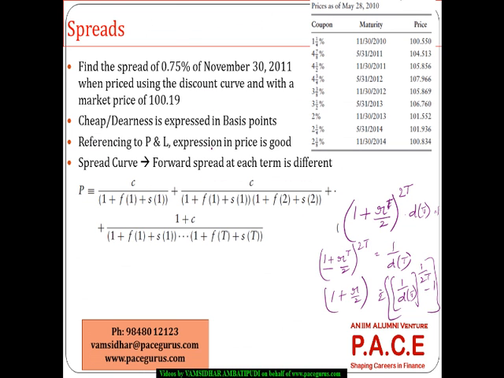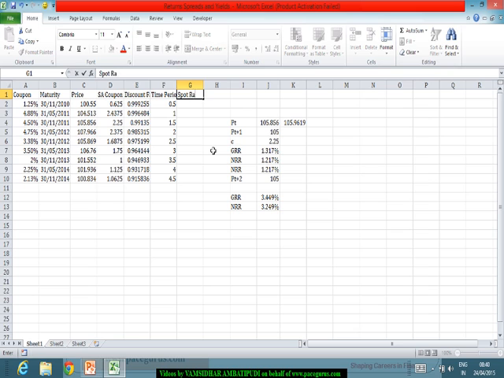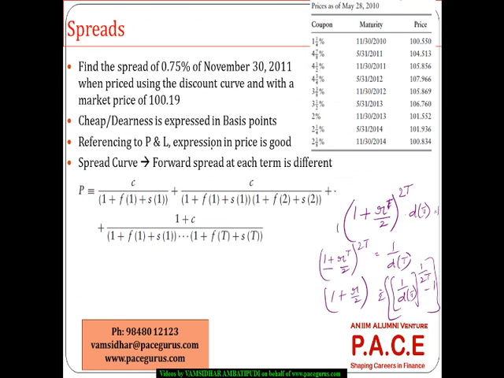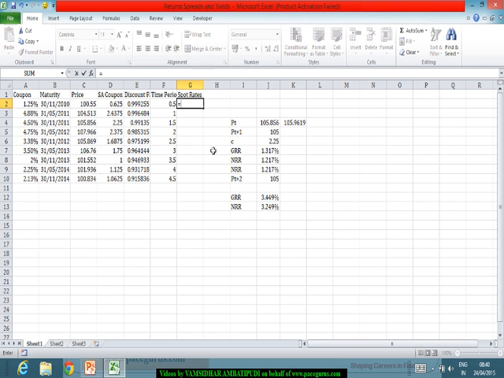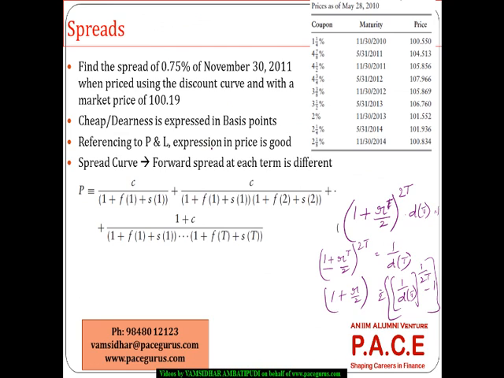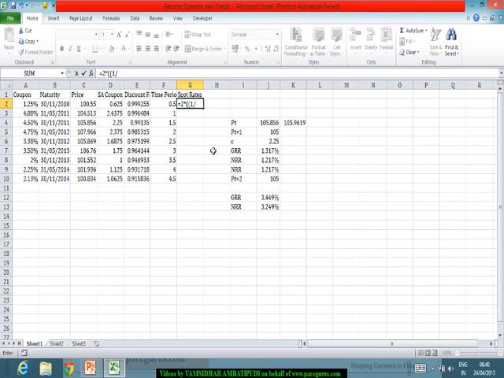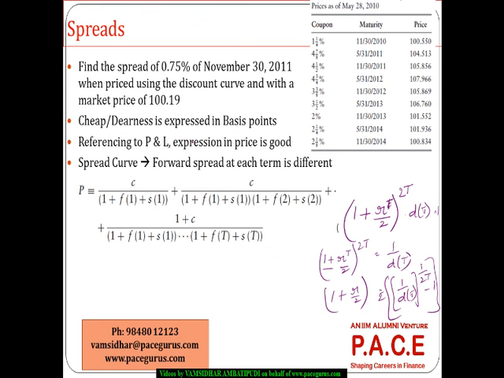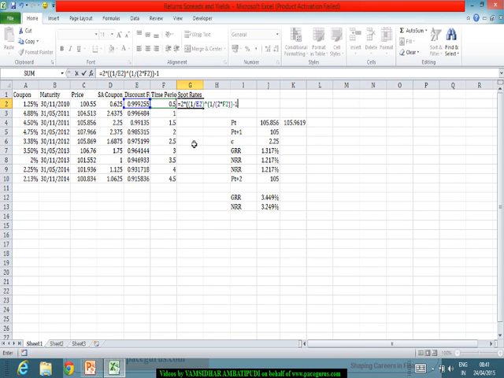So from here I can find out the spot rates associated with each, which is coming out to 2 times ((1/d_t) to the power 1 by 2t minus 1).